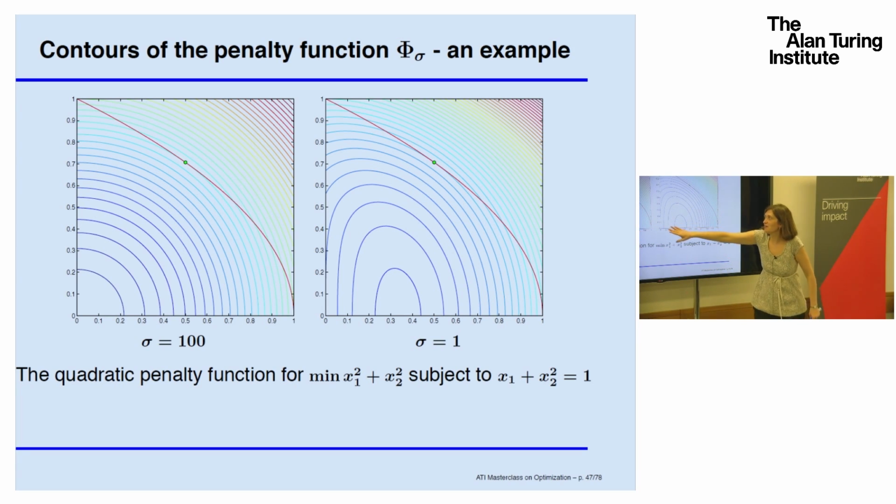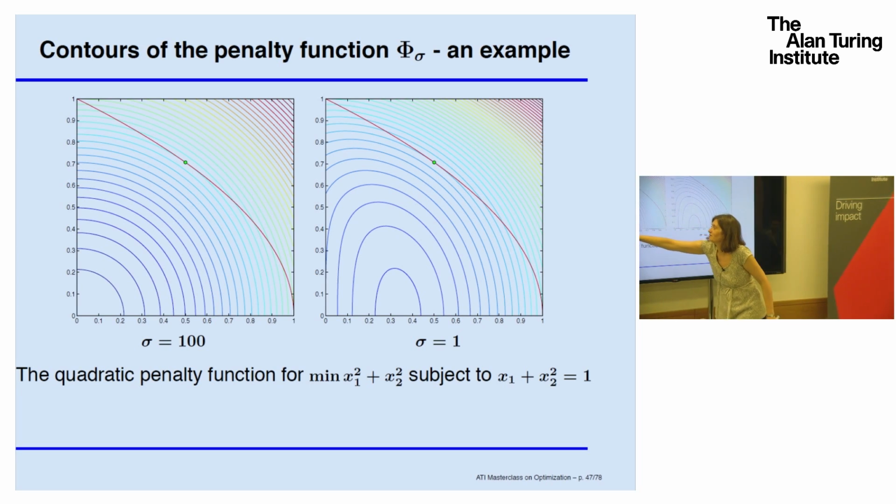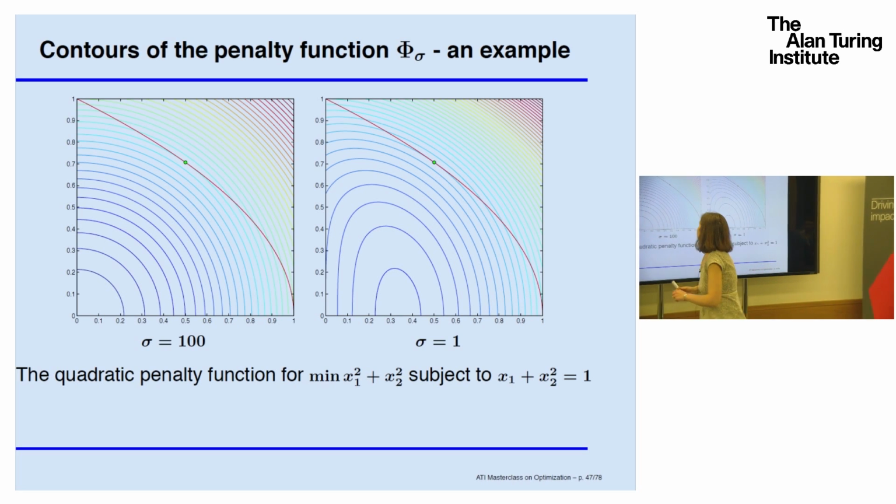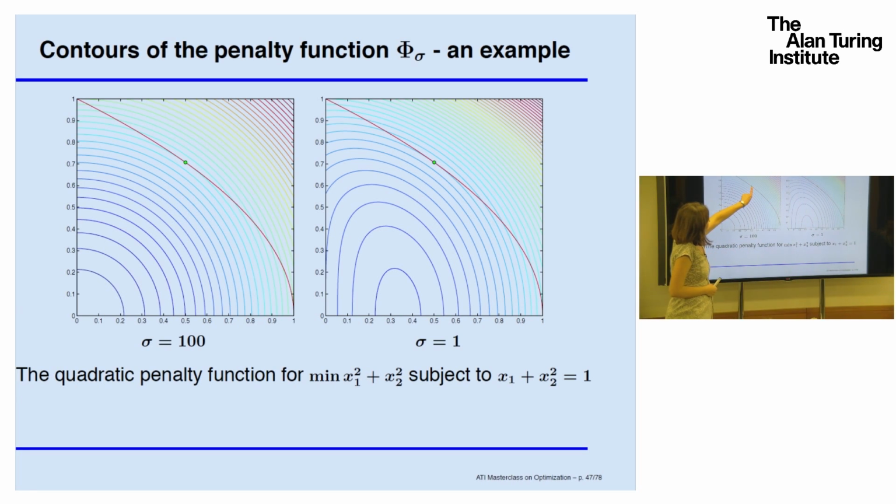So I minimize my phi. This is phi for this sigma. I minimize it, I get this point here. Now, the minimum of my constrained problem is here. It's where these contours, thinking that these are essentially f's contours, are tangential to the constraint.